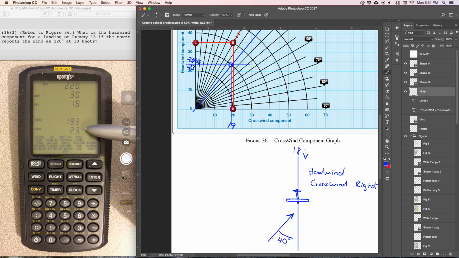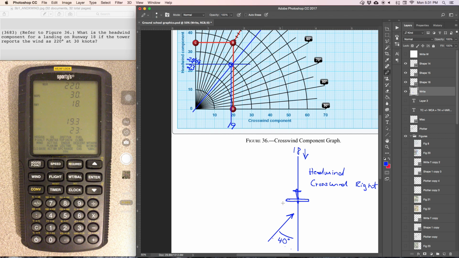When the headwind is a negative number, that means it's a headwind. If this 23 was a positive, that would be a tailwind. For the crosswind information, if there is a negative, that means it's a left crosswind. But if it's a positive number, that means it's a right crosswind.